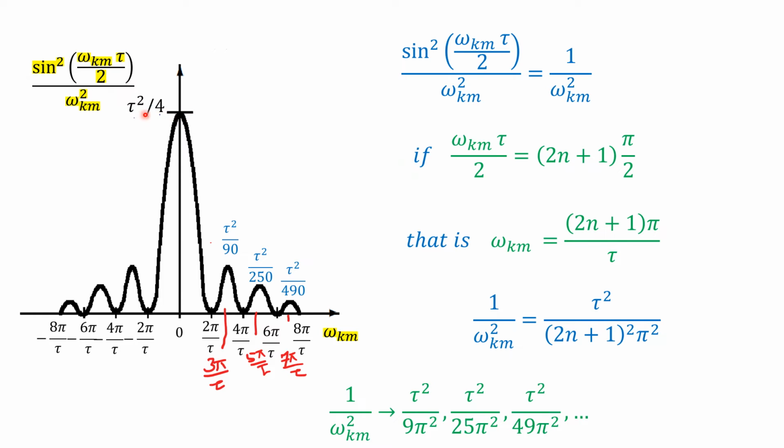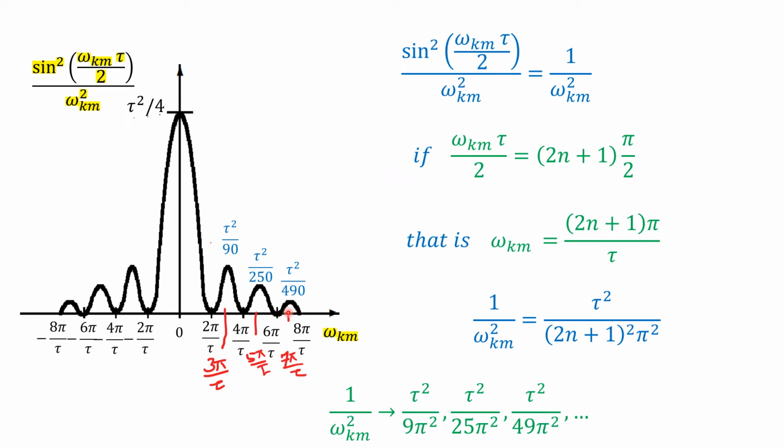You can imagine that the first peak is at tau squared by 4, and the next peak height is tau squared by 90, so it is rapidly reducing. Then the next is still worse, tau squared by 250. This indicates the probability. The probability goes rapidly to 0 when you are moving away from 0, that is, when omega km is away from 0.